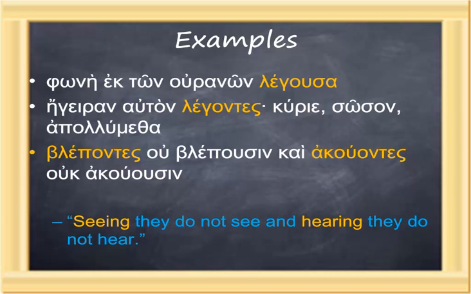In this third example, we have two adverbial participles. Seeing, they do not see, and hearing, they do not hear. Again, the circumstance for the not seeing and the not hearing are provided by the respective participles, seeing and hearing.